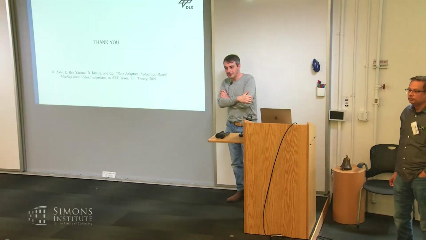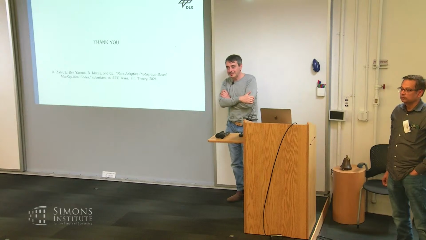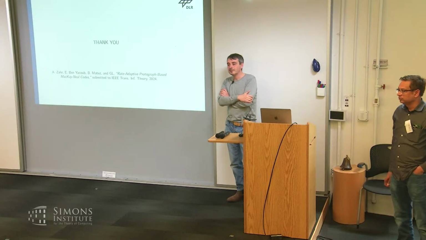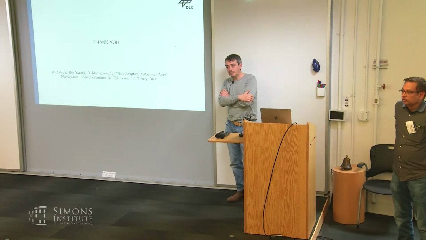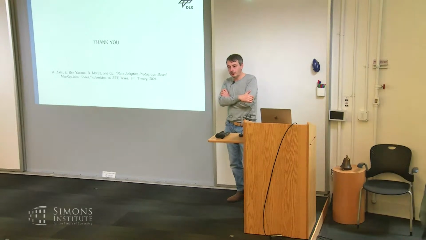I was just going to comment that one way you can have a variety of rates but maintain the same parity-check matrix, and do what Rudy was saying, is that you can combine rows, basically take two parity checks and make them into a single parity check. And you can design a family of rate compatible codes that have the same block length. I don't think they would be rate compatible.